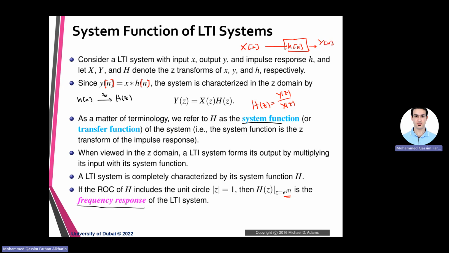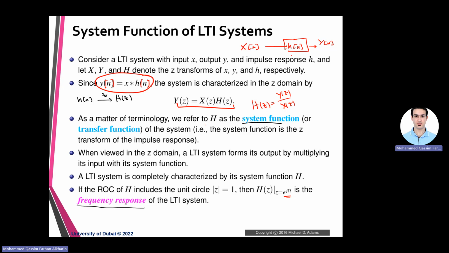The relationship between them is convolution. So there you go, y of n equals x of n convolved with h of n. And in the z domain it is multiplication. So to find the response of the system, H of z equals Y of z over X of z.